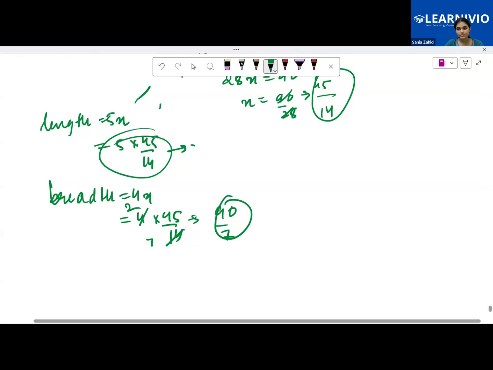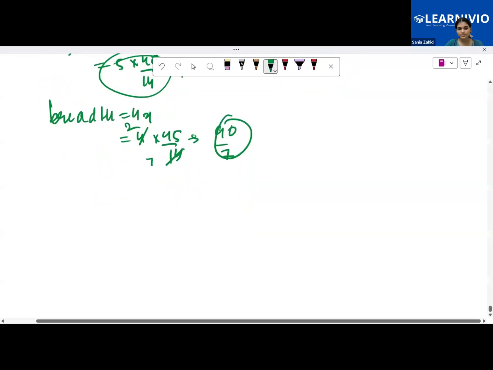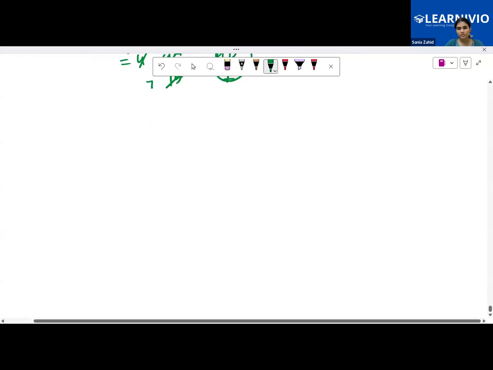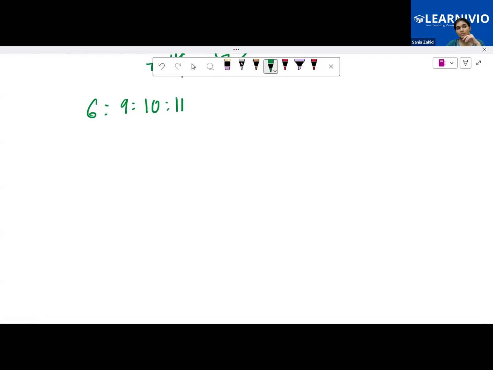Okay, ma'am. Now, you can pay attention. This is an important question. Ma'am, one more question. In that question, the four angles of a quadrilateral are in the ratio 6:9:10:11. Find the measures. It is a quadrilateral, so what is the sum of the angles of a quadrilateral?